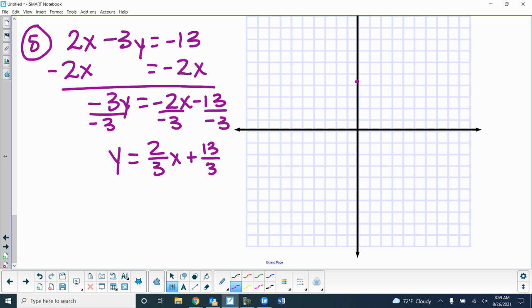So if I go up 2 and over 3, I'm about there. Up 2, over 3. And here's where you've got to be accurate. 1, 2, 1, 2, 3. 1, 2, 3. So that you get your straight line.